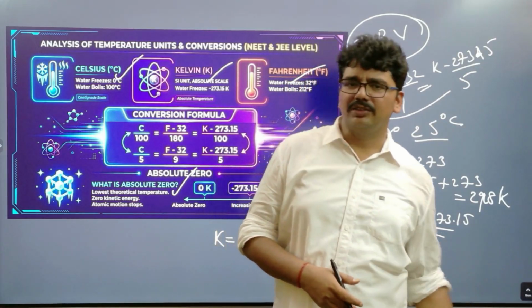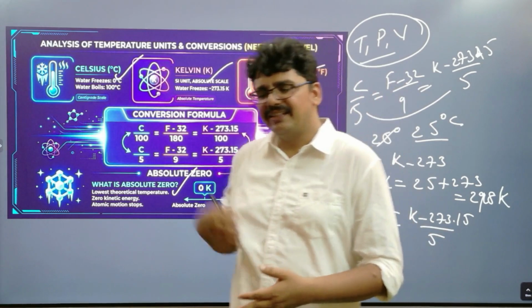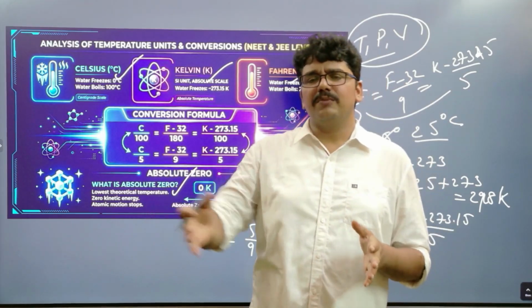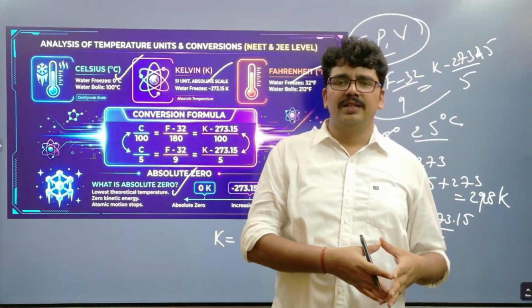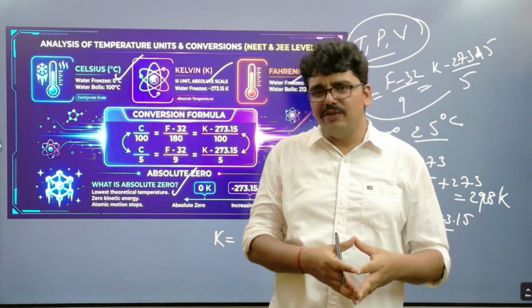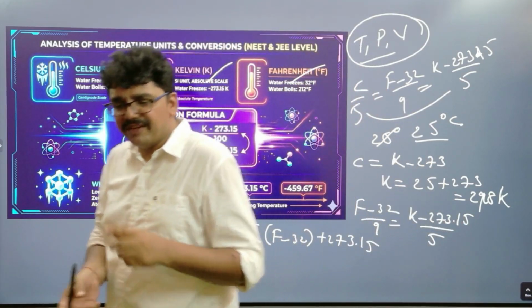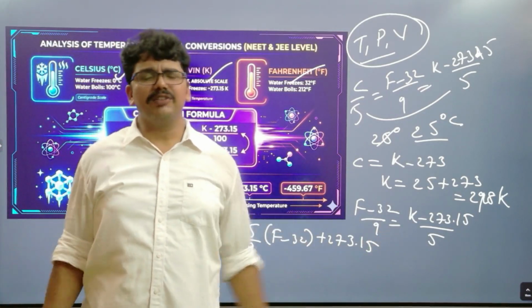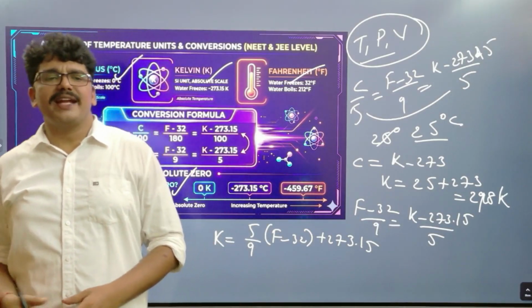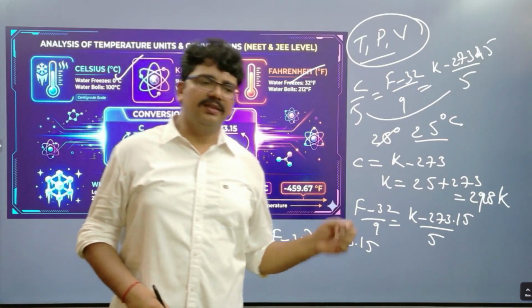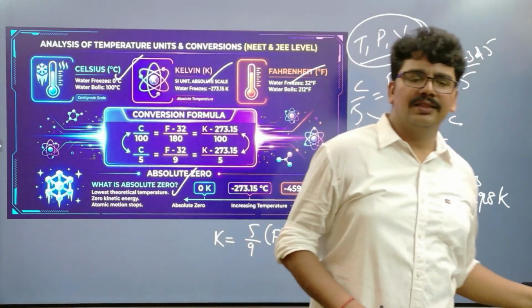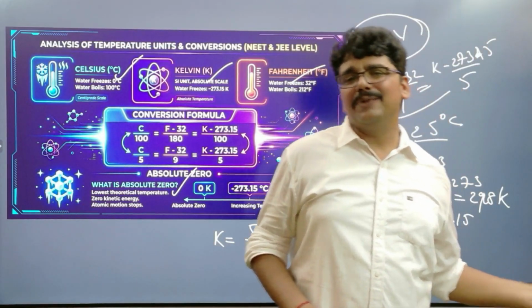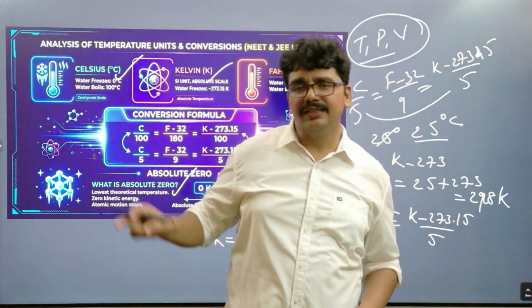Further lower is not possible. Even today we did not reach the exact value of minus 273.15. We are close to the temperature but we didn't reach. Anyway, the lowest value is minus 273.15. If I take that as 0 kelvins, there are no negative temperatures. To avoid negative temperatures in calculations, minus 273.15 degrees Celsius is taken as 0 on the Kelvin scale.